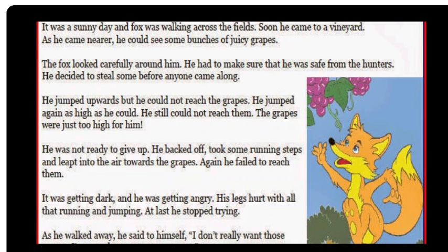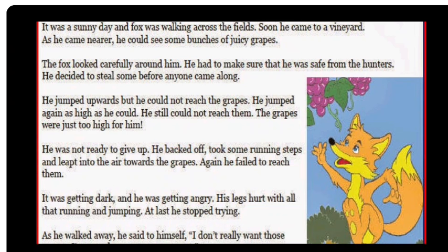Now, the next para and the first line. The fox looked carefully around him. If I explain this line, the fox looked carefully here and there because he was afraid of the hunters. Next line, he had to make sure that he was safe from the hunters.